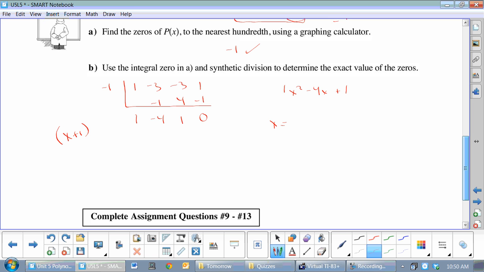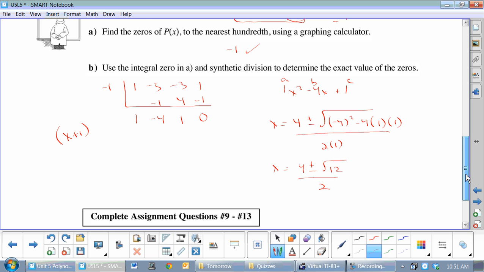So it's negative b, which is 4, plus or minus the square root of b squared minus 4 times a times c. This is a, this is b, and this is c, right? All over 2 times 1, which is a. So you get x equals 4 plus or minus the square root of 12 all over 2. Can I do any simplifying with square root 12? I can take out a 4.